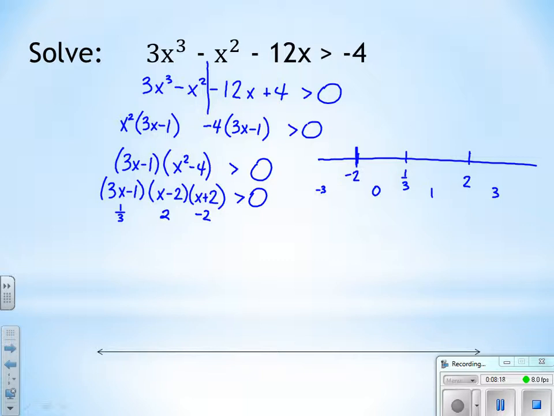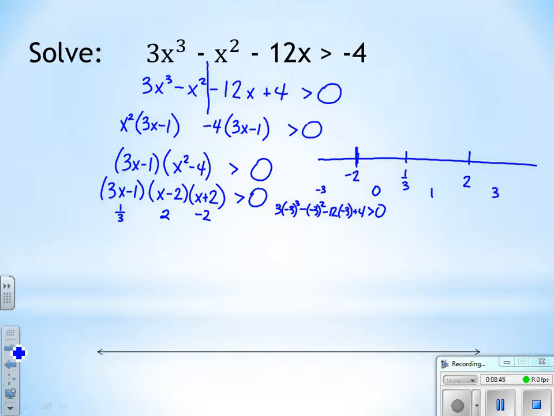So putting it into my inequality, I have 3 times -3 cubed minus -3 squared minus 12 times -3 plus 4 is greater than 0.